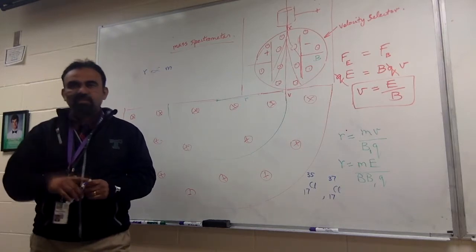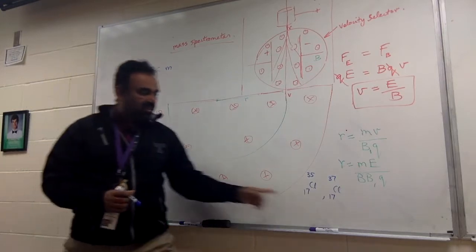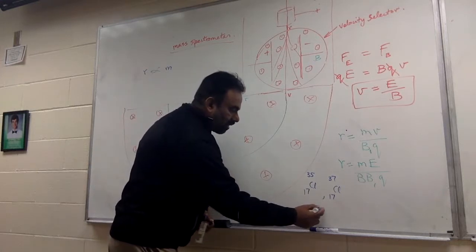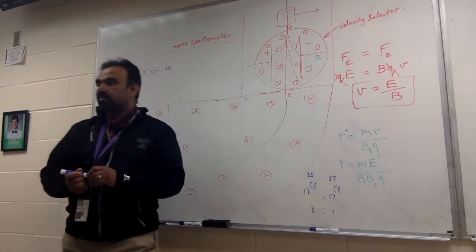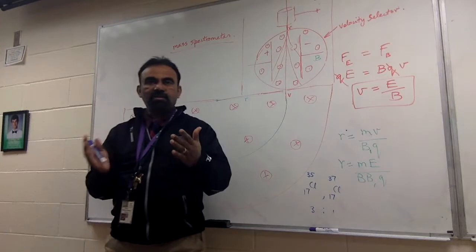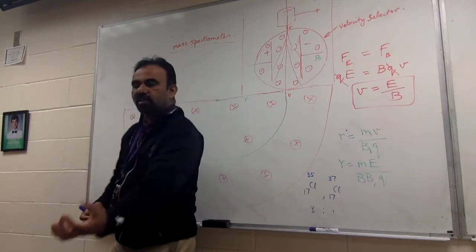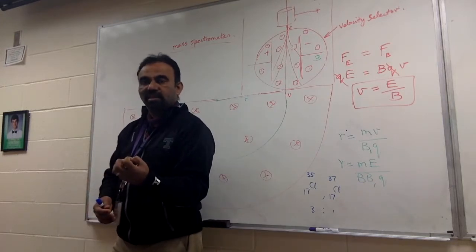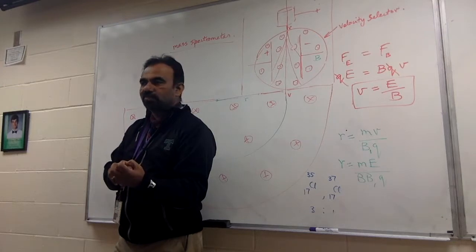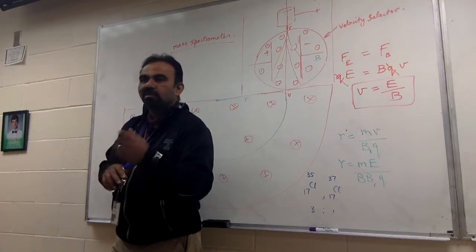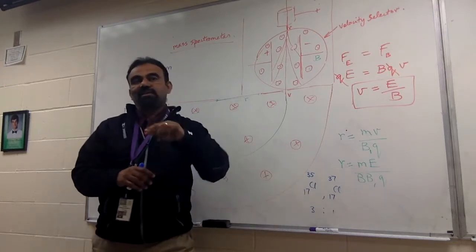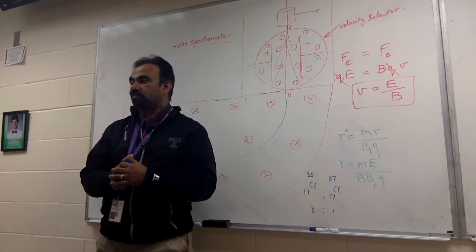And they don't come in the same proportion. In fact, the abundance is approximately 3:1. If you take natural chlorine, it's likely that 3 of those atoms that you picked up out of 4 are the 35s, and the other one is the 37.